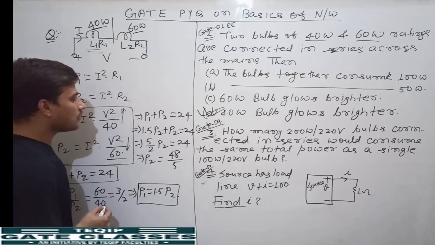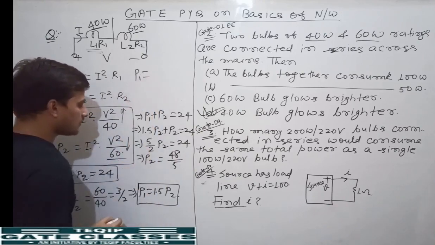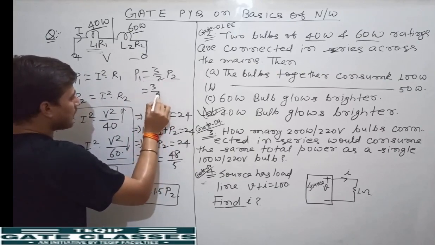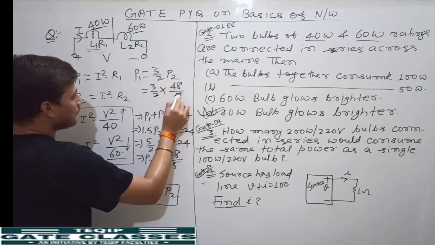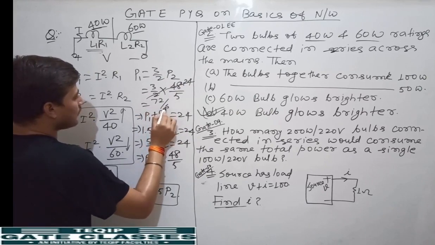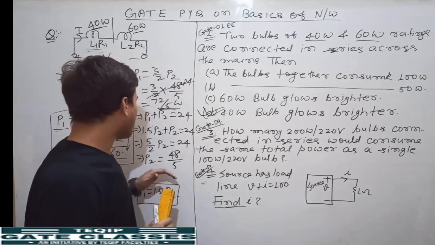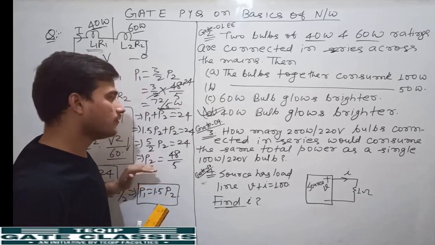Once P2 is equal to 48 divided by 5, what is the value of P1? P1 is equal to 3 by 2 P2. That means 3 by 2 into 48 divided by 5, which is 72 divided by 5 watt. So you can easily write the value of P1 and the value of P2.